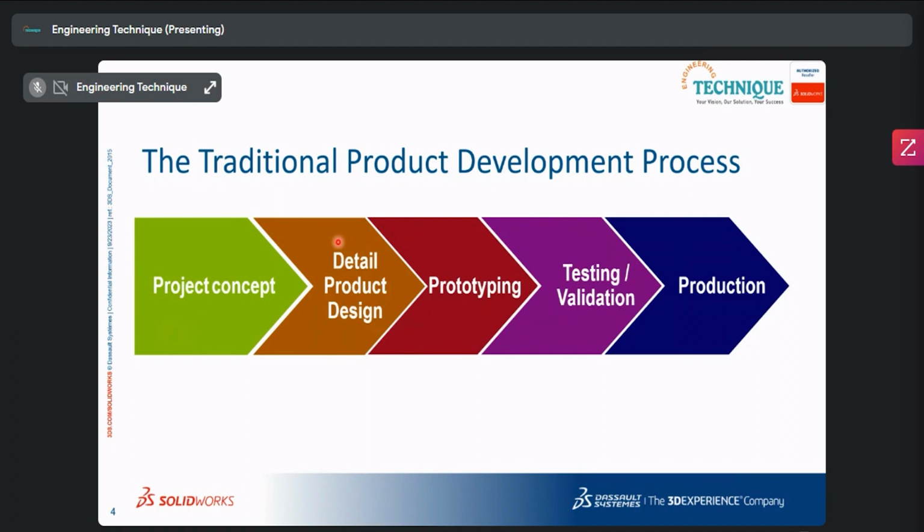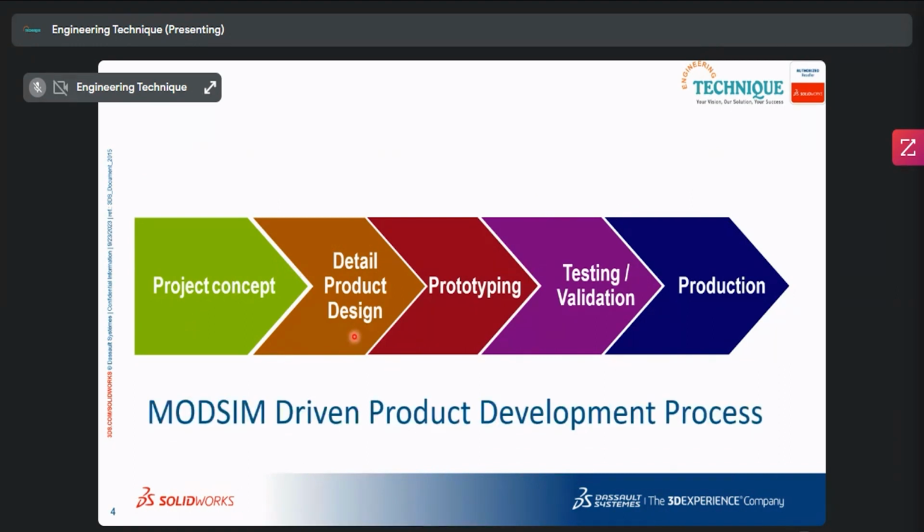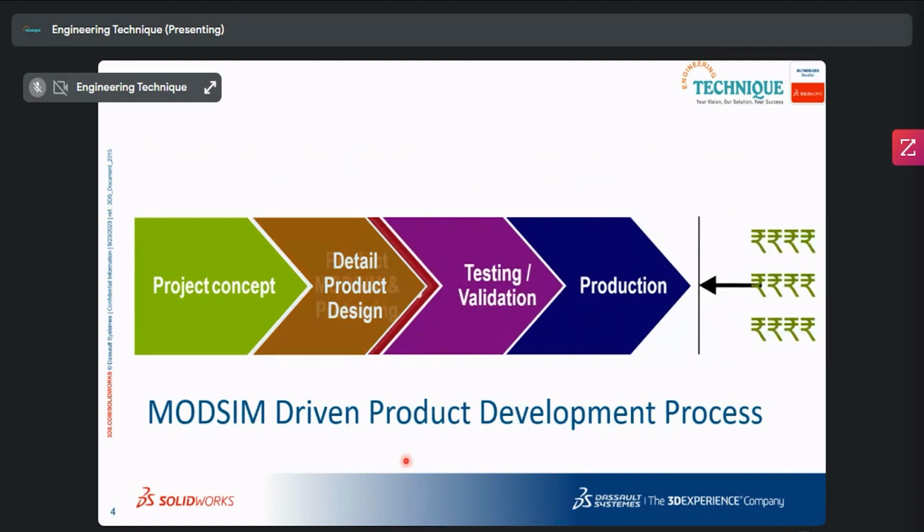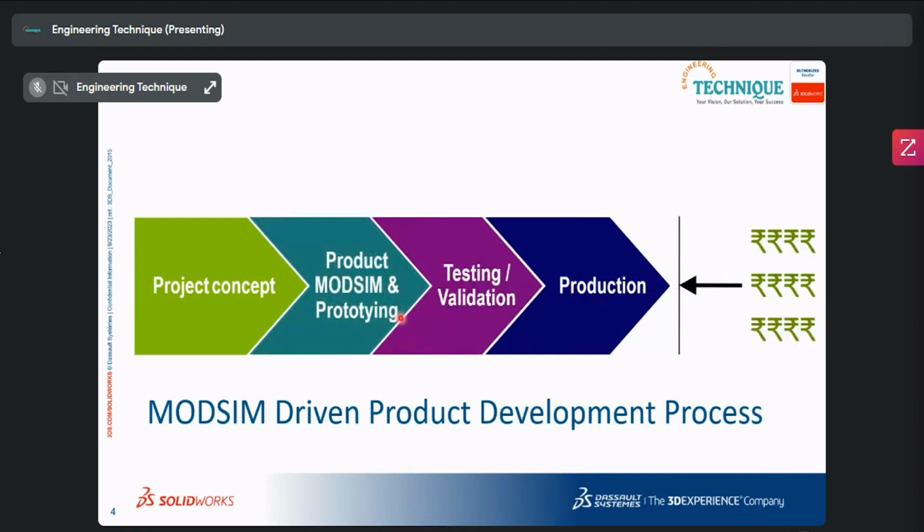Now, the modern product development process is a model-sim driven product development process, in which the prototyping and the testing is validated within the computer.